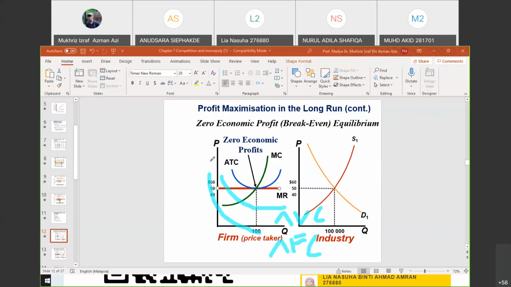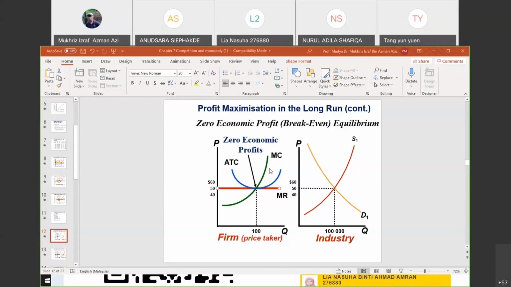So in the short run, yes, you need to draw average cost and also average variable cost. But in the long run, because all costs are variable costs, you only draw the average cost curve, because the average cost curve already includes all the variable costs and there is no fixed cost.